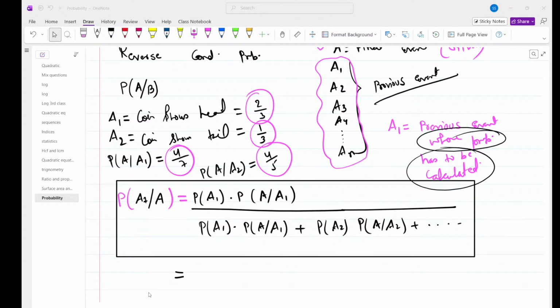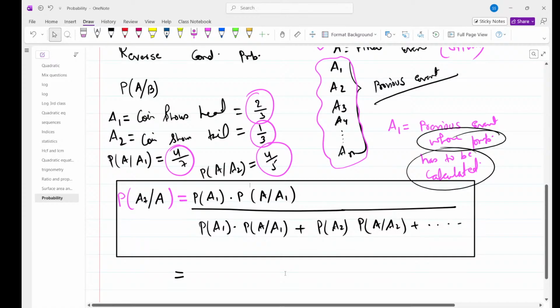This will be 8 over 21. 2/3 times 4/7 times 1/3 times... I'm getting 15 over 4.